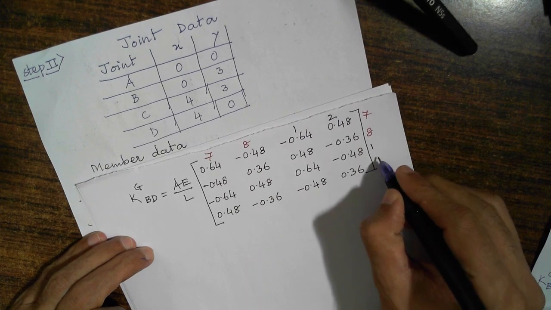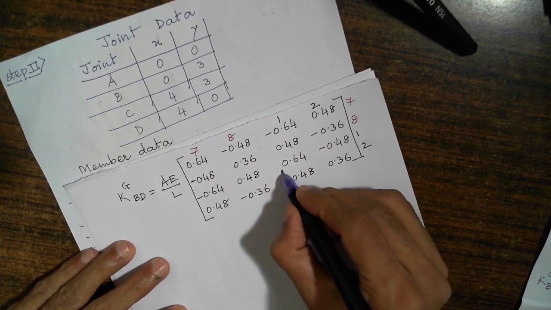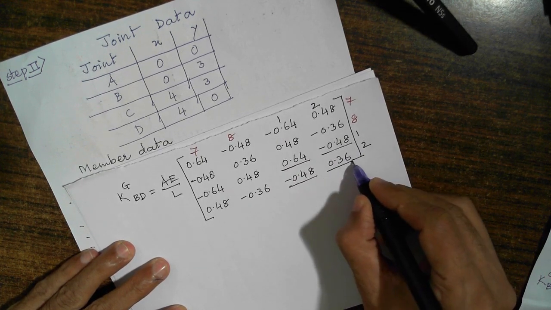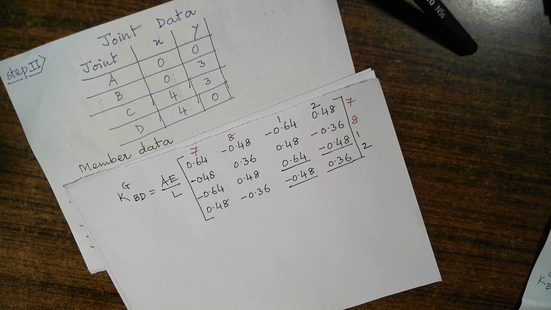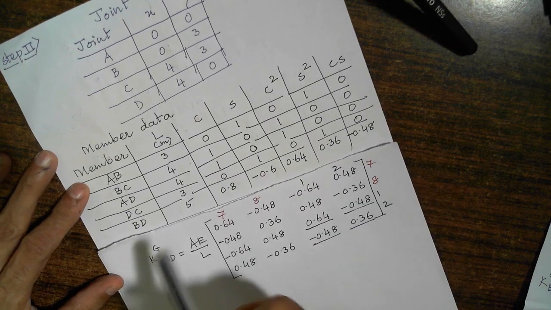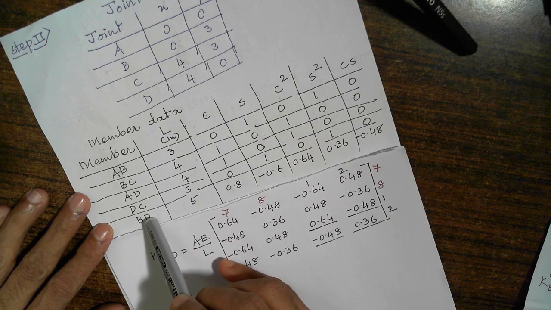I know to map elements for my global stiffness matrix of a structure, I know intersection of column 1 with column 2, intersection of column 2 with column 1. These four elements will be mapped for my global stiffness matrix for the structure as a whole. So I have written element stiffness matrices for all the five elements under my consideration. Okay, I have written it.